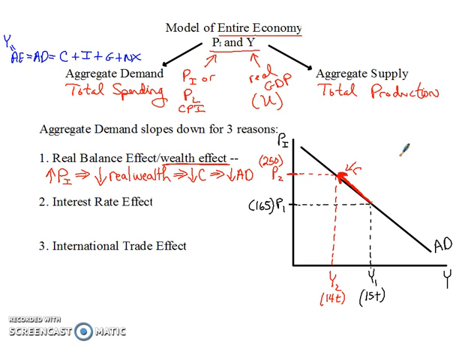All right, let's do the second one of these, the interest rate effect. The interest rate effect says this: if you get an increase in prices, if you get inflation, then I need to use more of my money to buy goods and services, and that means that my savings are going to decline.